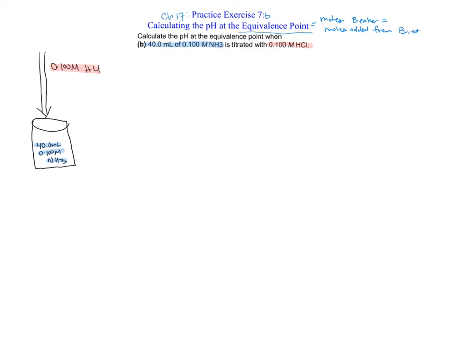And we're told that we're at the equivalence point. That means the moles of base in the beaker, which I can calculate, because volume in milliliters times molarity gives me moles.